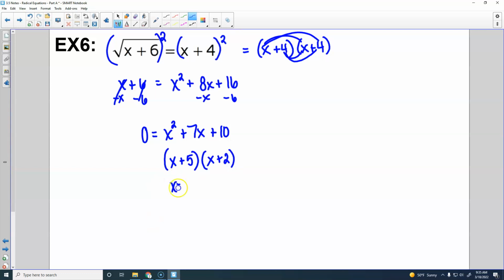So we will get x equals negative 5 and x equals negative 2. Okay, questions? All right, we're not done because we haven't checked our answers.